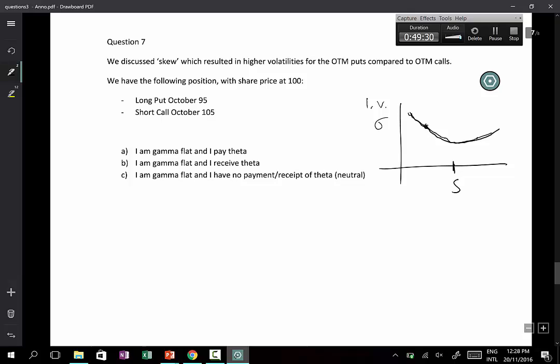Okay, and you have a position as follows, where you are long the put. The spot price is 100, and you are long the put at 95. So you have this, and you are short the call at 105, like this.